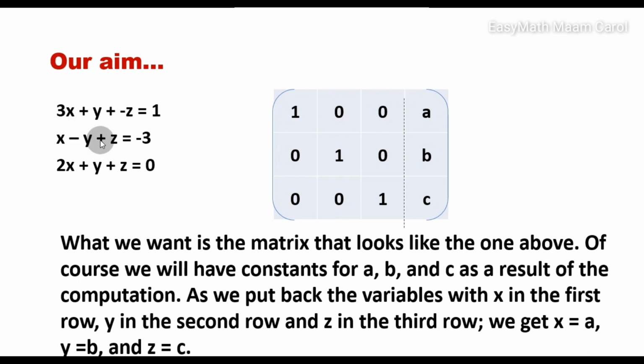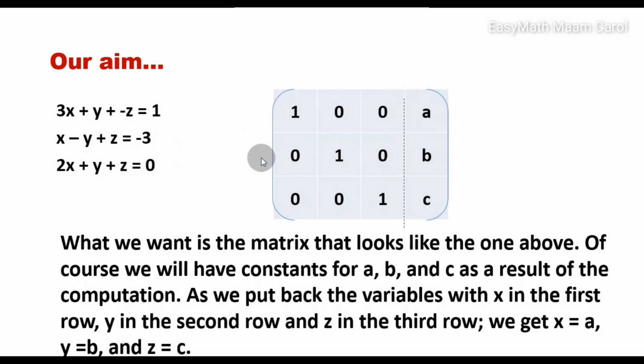So our aim for the solution of this system is to look like this. So meron tayong 1, mga 0 na yan, tapos we have A, and then 0, 1, 0, B, and then 0, 0, 1, C. So take note, the diagonal are all 1, all other elements are 0, and we have the constants here, which is no longer the same as this because this is going to be computed.